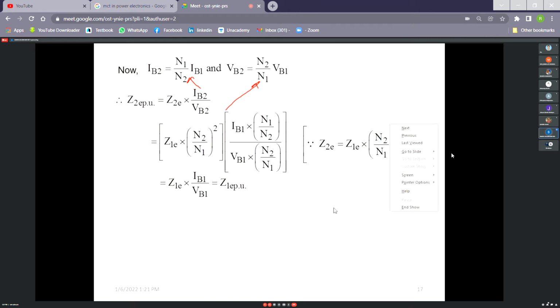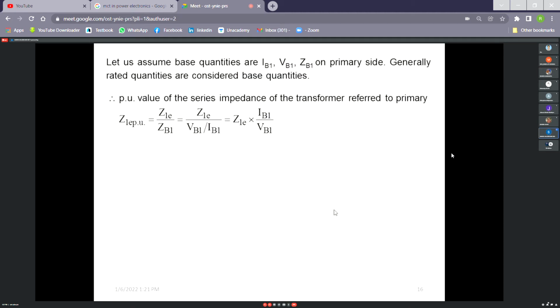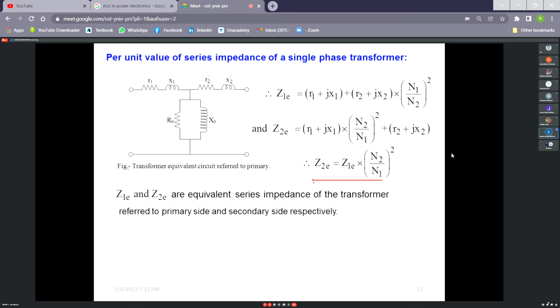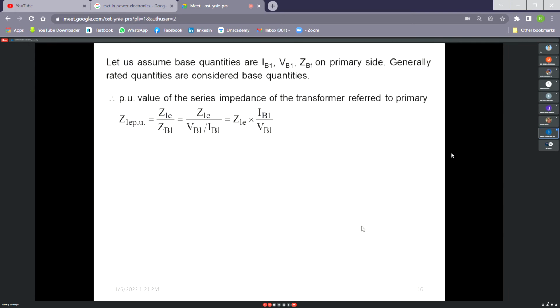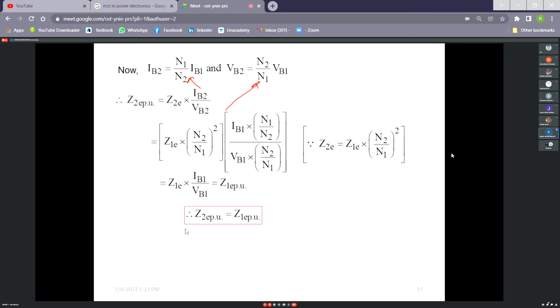Now you see, when it was in actual quantities, they were entirely different. There was no scope to make them same, right? But when we represent them in per unit, then they become same, right? So this is one advantage.